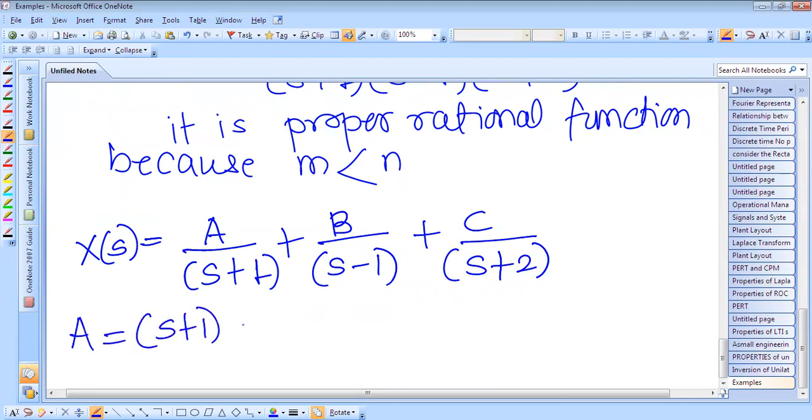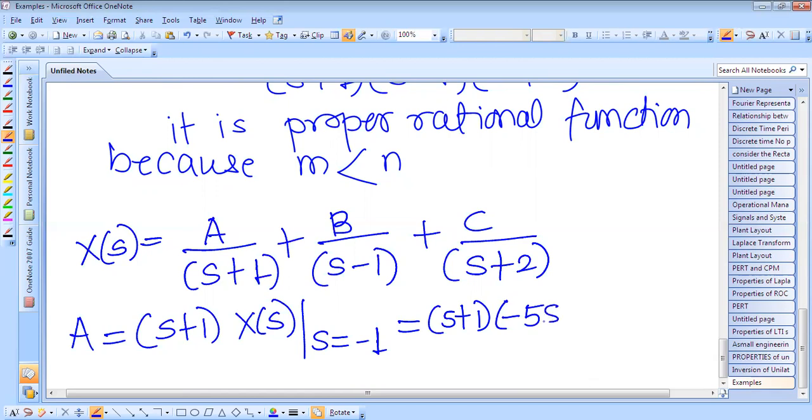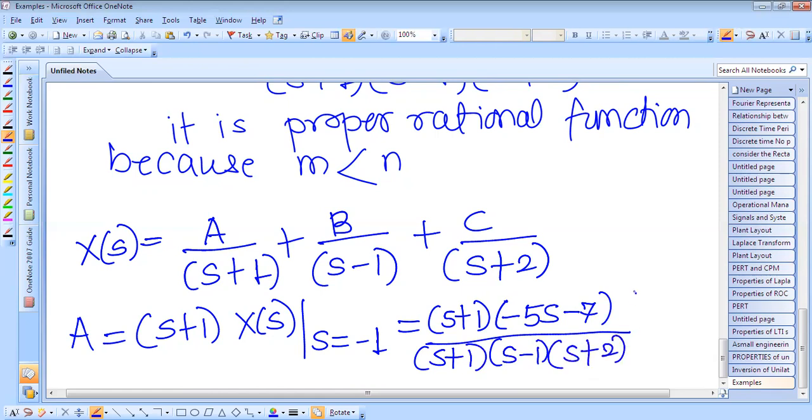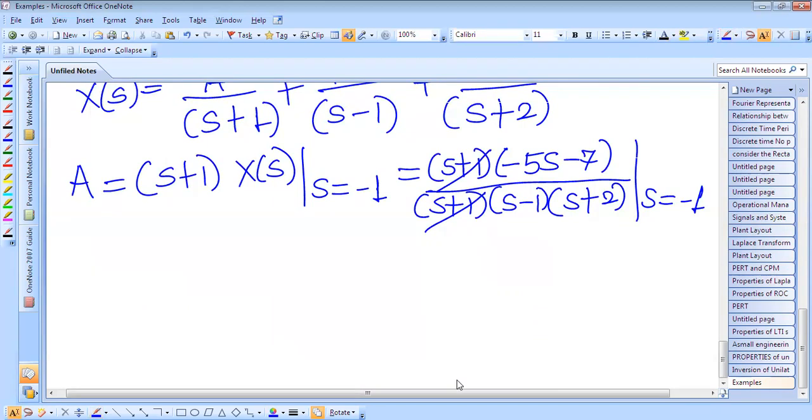Okay, so find out this coefficient first. (s plus 1) into X(s) at s is equal to minus 1. So what is X(s) here? It is minus 5s minus 7 divided by (s plus 1)(s minus 1)(s plus 2) at s is equal to minus 1. So this factor will get cancelled, and in the remaining terms we substitute s is equal to minus 1.